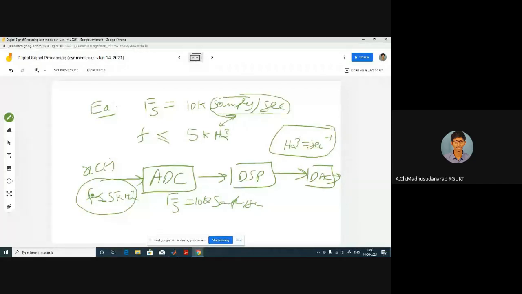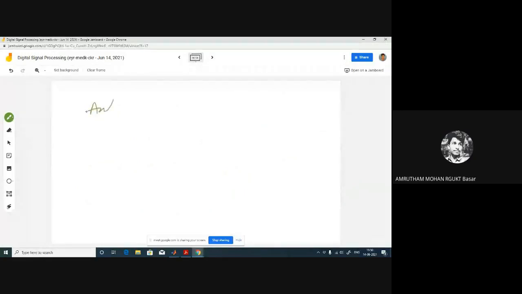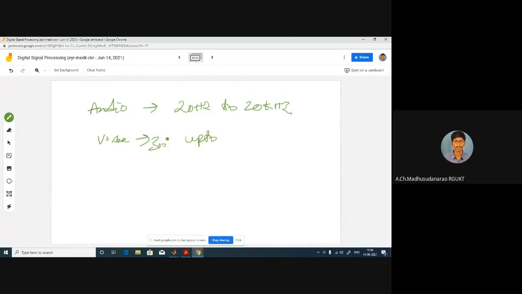What is the range of frequencies for an audio signal? Audio means 20 hertz to 20 kilohertz, right? Voice or speech might be roughly 300 hertz to 3.5 kilohertz.